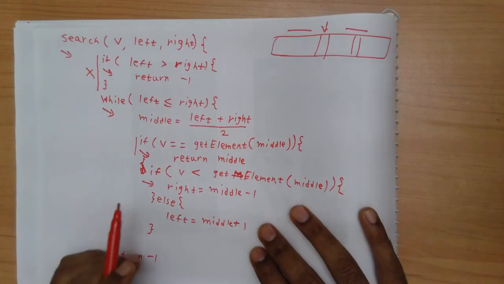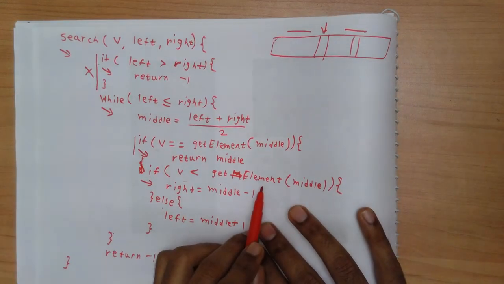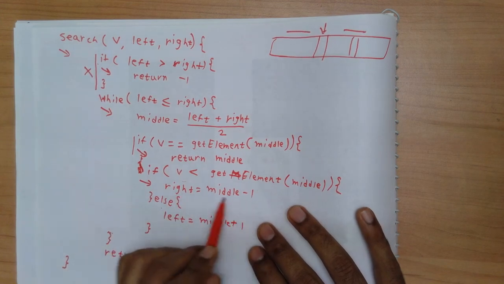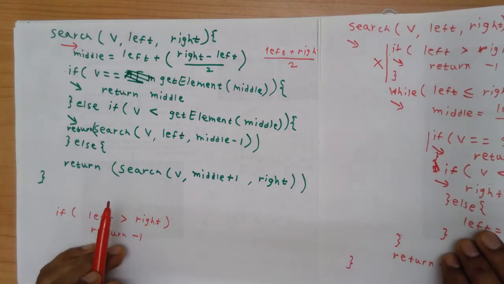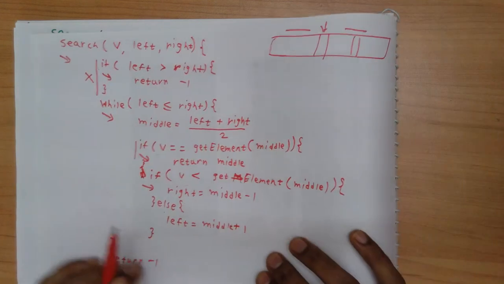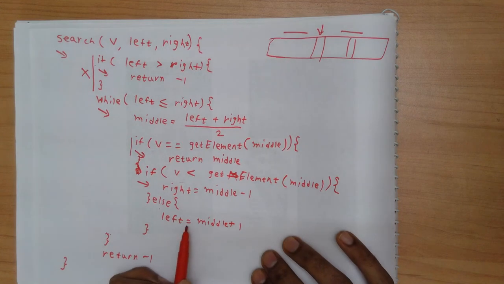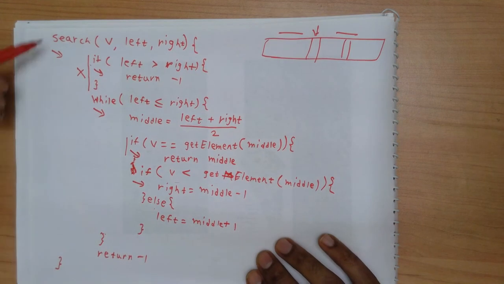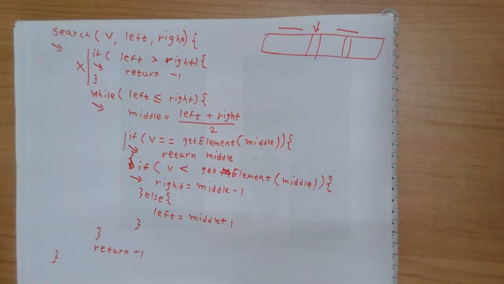Here we do the same, because we are not changing the value of left. In the recursive method, if the value is greater than middle, we search in middle +1 to right. Here we are altering the value of left, keeping the value of right unchanged. So algorithm wise it is the same thing. There is no difference in the algorithm. It's just that we have a different way of implementing it.